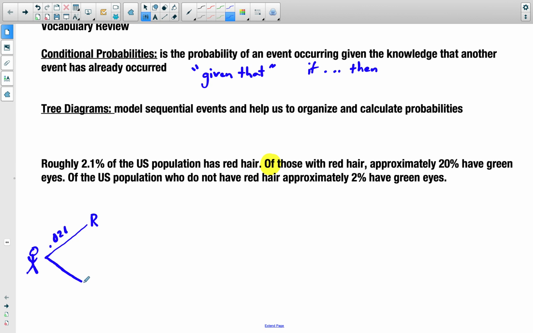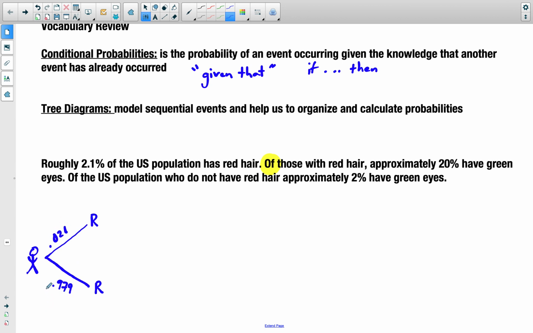Now the other option is that they don't have red hair. So that's my first event, knowledge of having red hair or not. So 1 minus 0.021 is going to give me 0.979. So the branches of the first series have to add up to 100%.